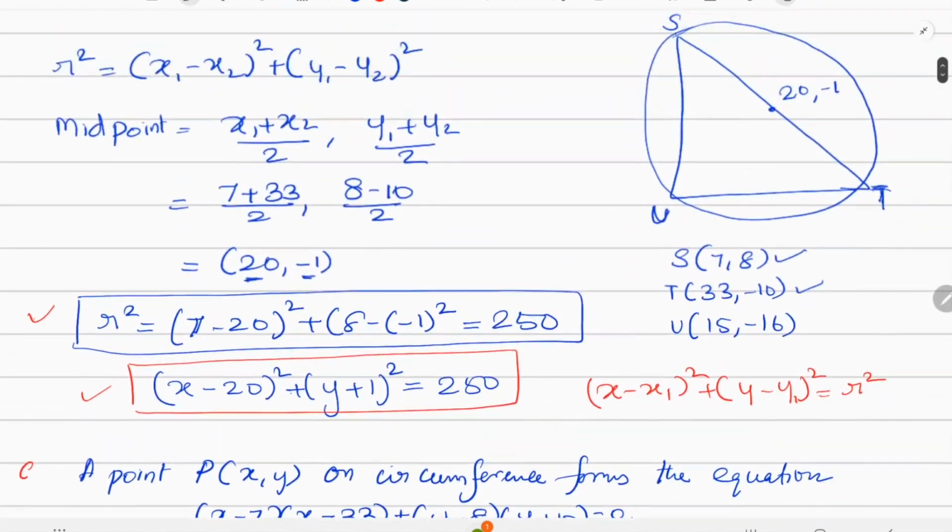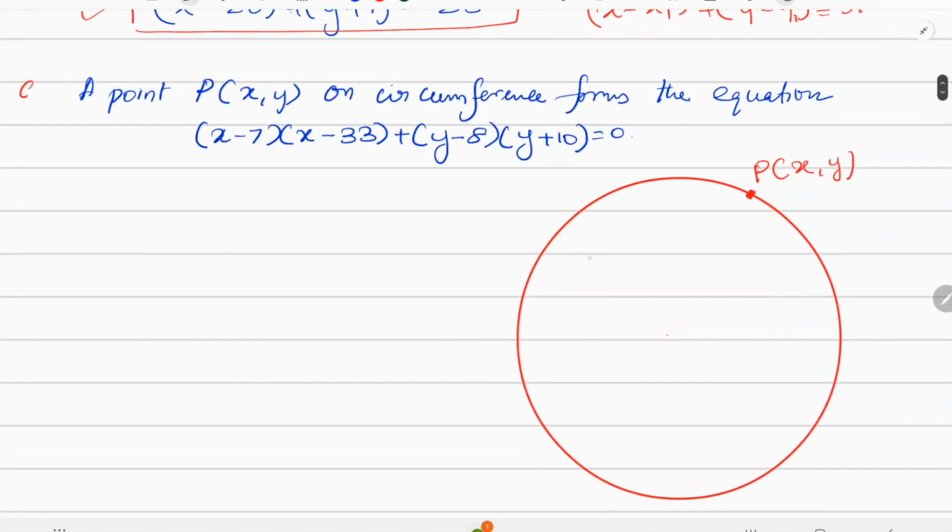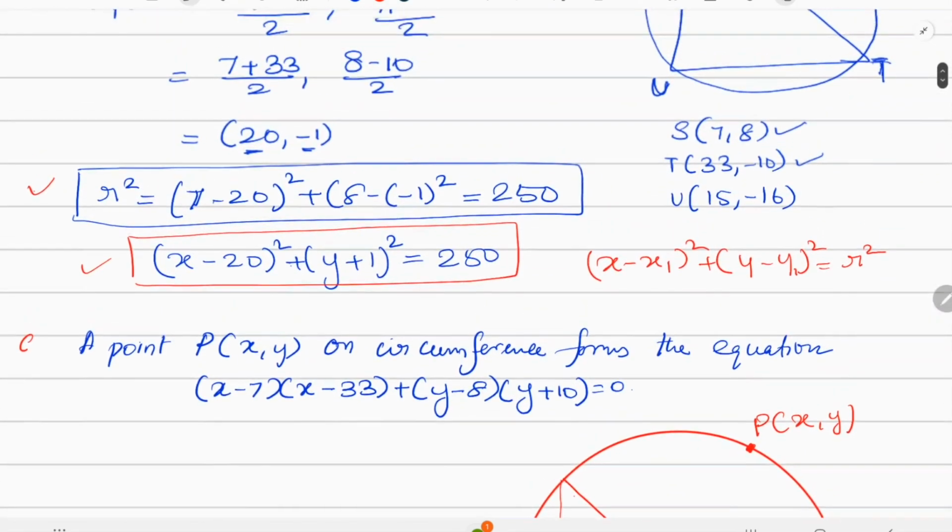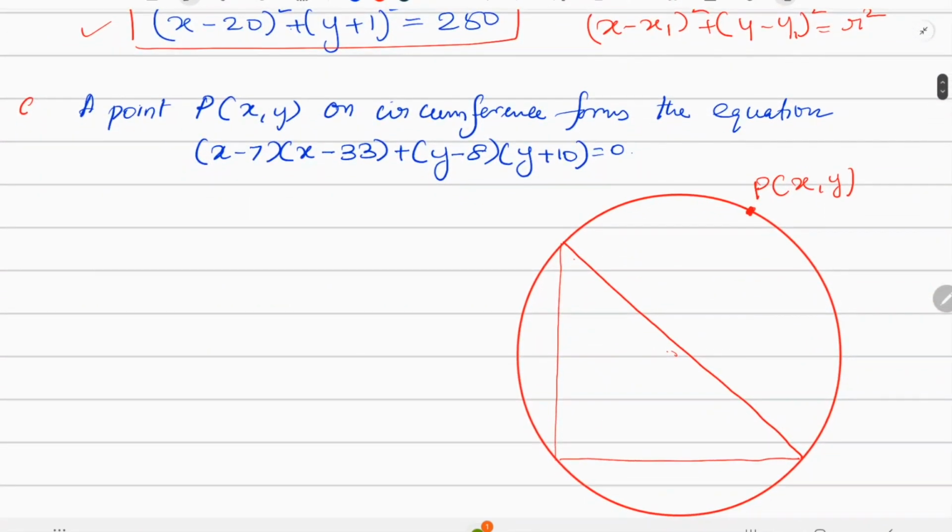What circle do we have? This one, which is passing through the center point. This is S, this is T, this is U. Now a point, this one, we need to find.